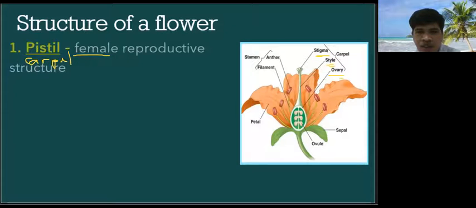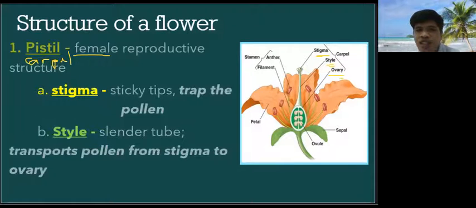So stigma first. What is the function of the stigma? The stigma, at the top or the tip, is a sticky tip which traps the pollen. When the pollen gets here on the stigma, it will stick here. And then the style, this tube, is a slender tube.